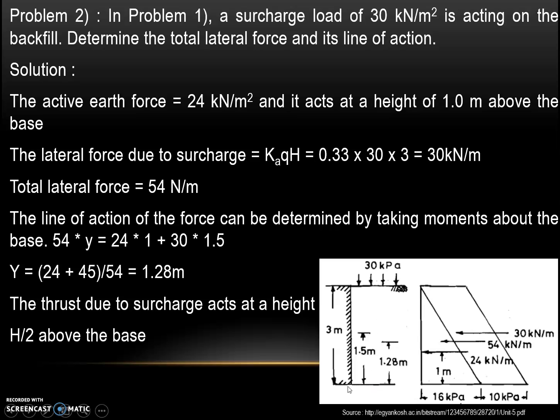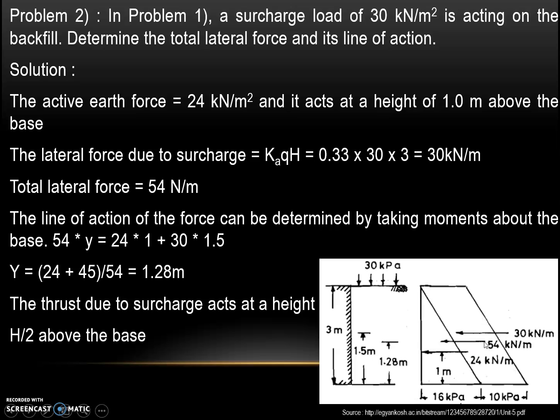Now in problem 1, we already found out that the total active earth force due to the backfill was 24 kN per meter, and it was acting at a height of 1 meter above the base. So that is what is located here, 24 kN per meter at a height of 1 meter above the base of the wall. Now we have to find out the lateral force due to surcharge.